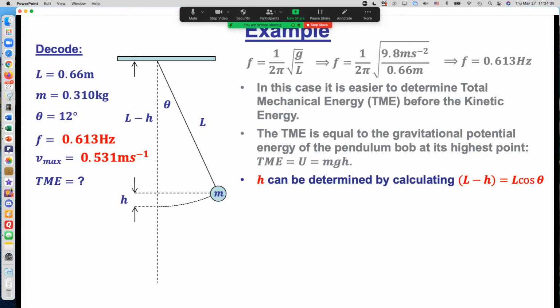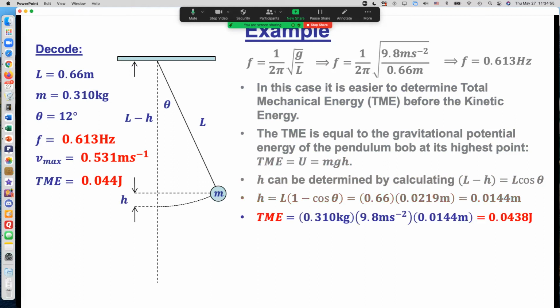Do you see that? We rearrange. We have h equals L times (1 minus cosine theta), or 0.0144 meters. That gives us a total mechanical energy of 0.0438 joules.